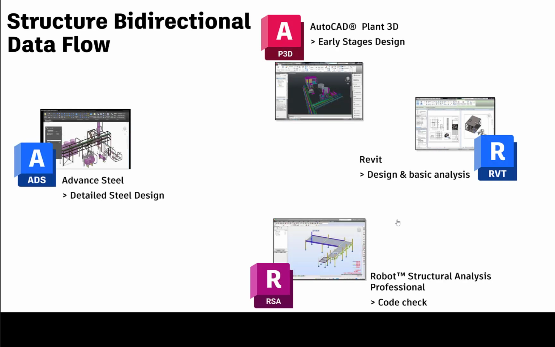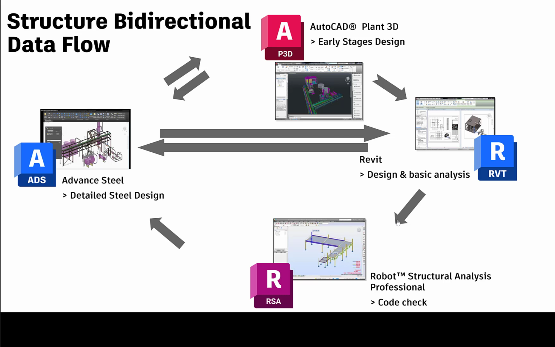With interoperability in Plant 3D, especially on the structure side, you can interface Plant 3D structure models into tools like Autodesk Advanced Steel, if you want to exchange your 3D structure into Autodesk Advanced Steel for detailed connection design. You can also exchange that information from Plant 3D into Revit for detailed connection design.